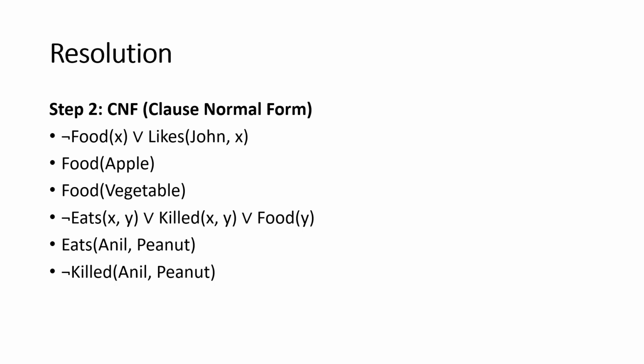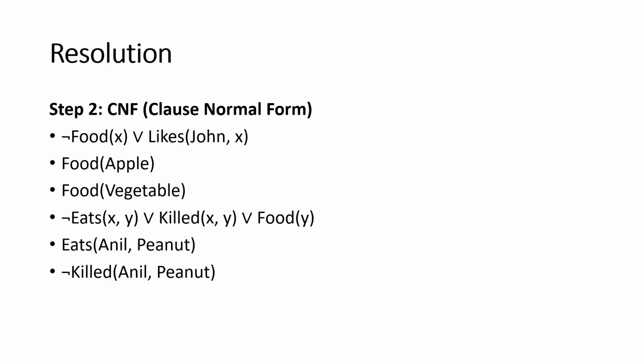And the third statement is that anything anyone eats and not killed is a food. So we want to convert it into clausal normal form, that is, negation of eats of x comma y union killed of x comma y union food of y. So that will be the clause normal form for the third sentence.